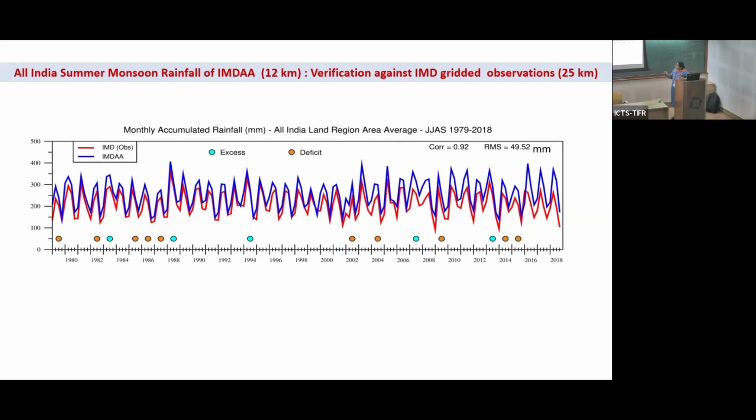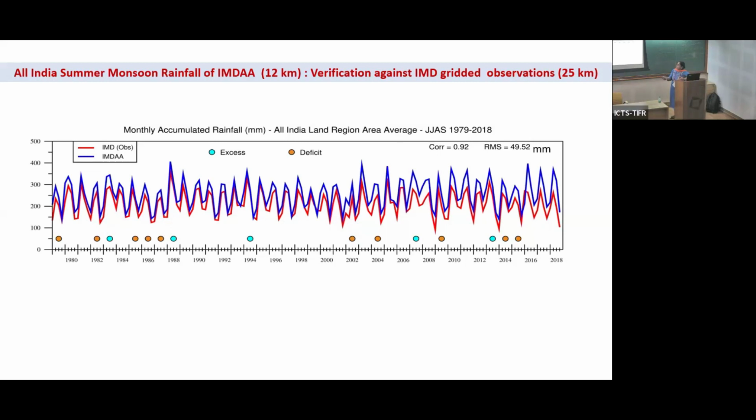But you can see the structure and the variation in the rainfall are nicely captured in IMDAA also. The red line is the IMD observation and the blue one is the IMDAA reanalysis. The excess monsoon and deficit monsoon periods are also captured very nicely. Wherever there is a deficit, IMDAA could capture the deficit, and the excess also.